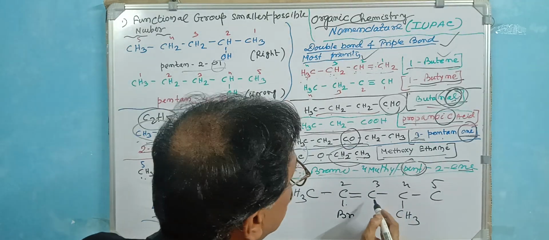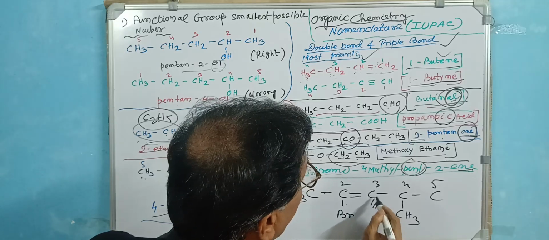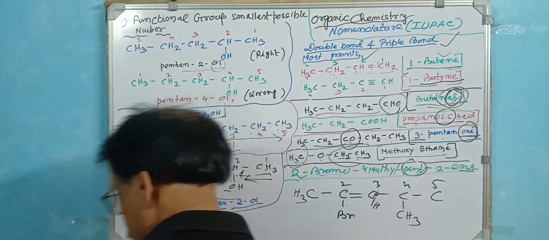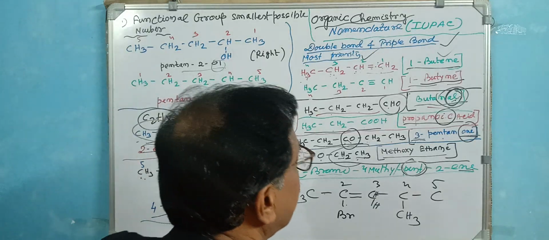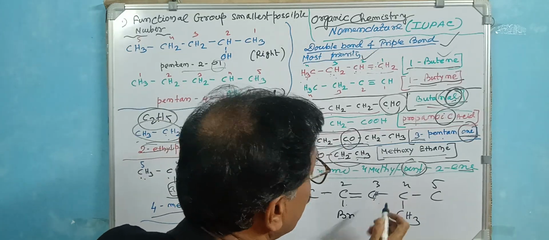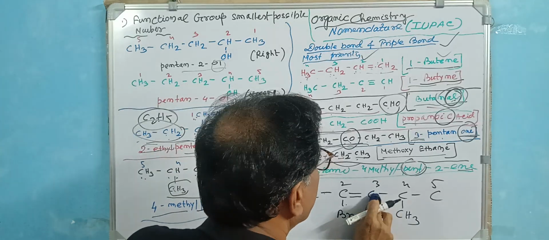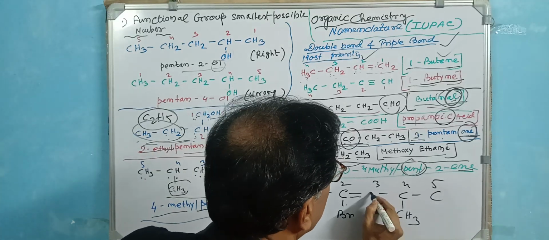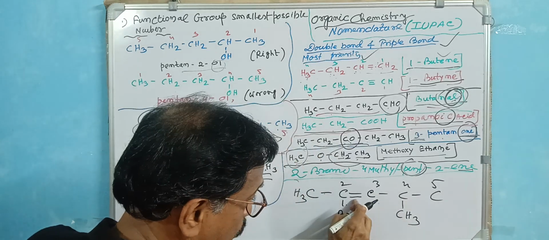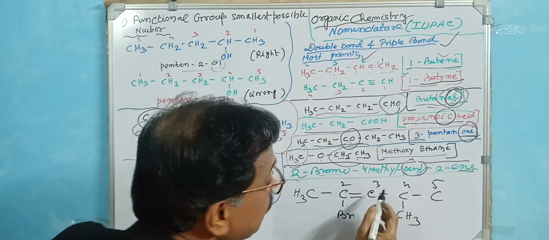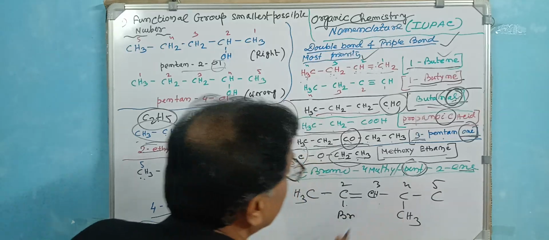That means here is 1 H, so you write CH.